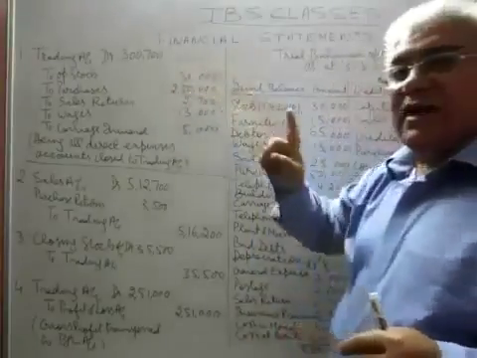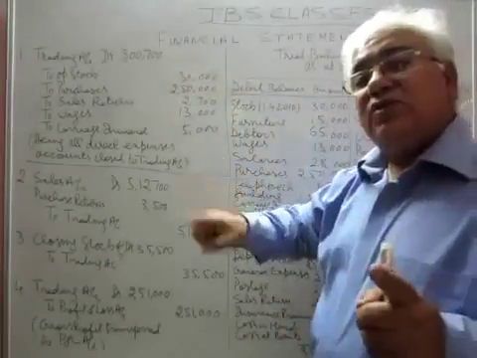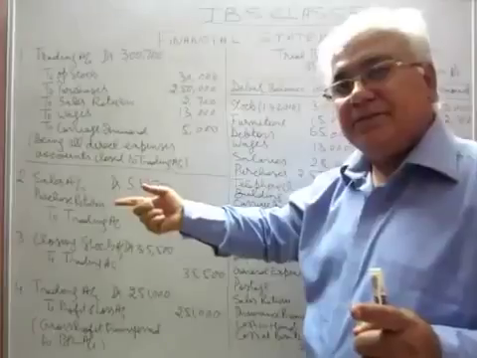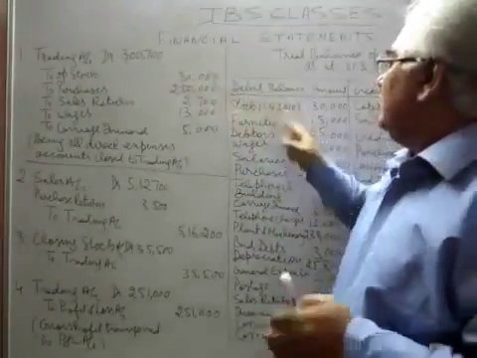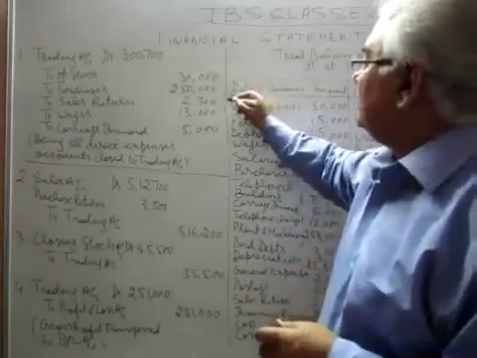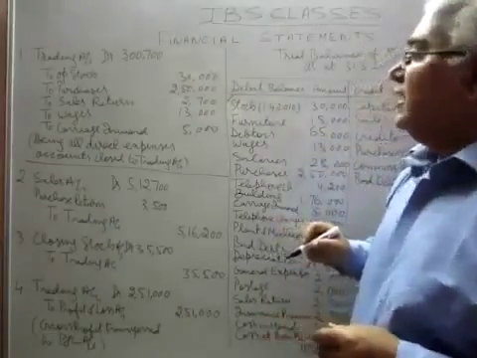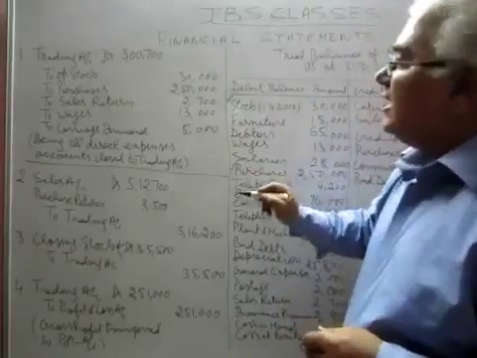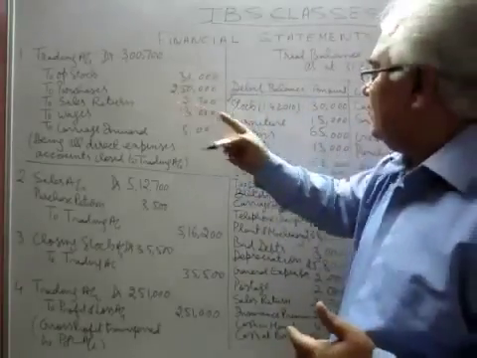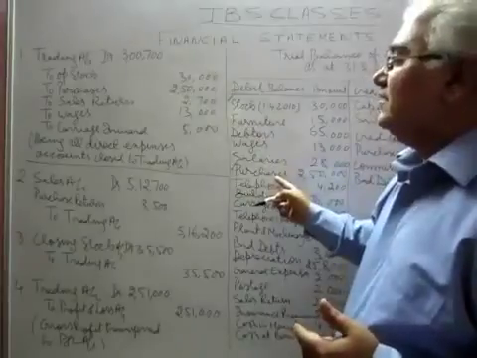This is opening stock. That means this is the closing stock of last year. So first entry is trading account debit to opening stock. Then you have here purchases. Again entry is trading account debited to purchases.